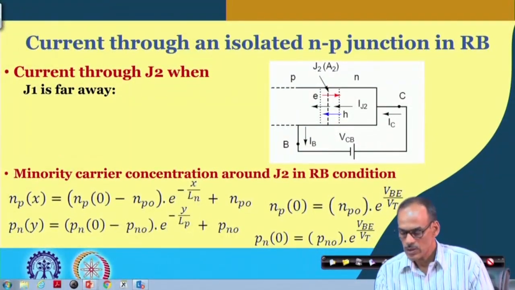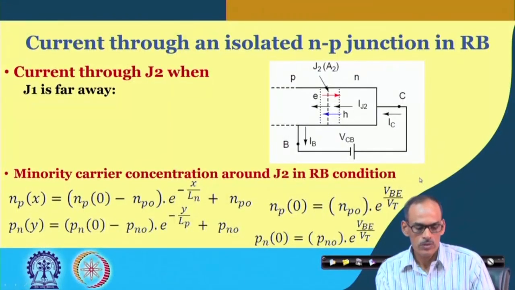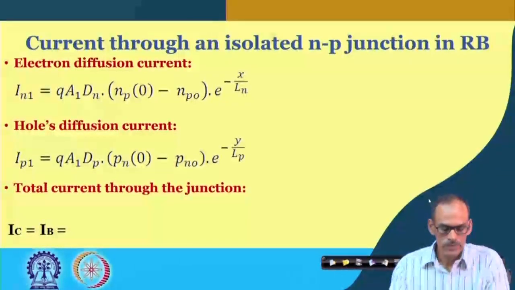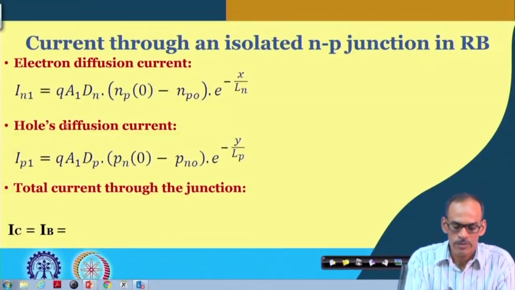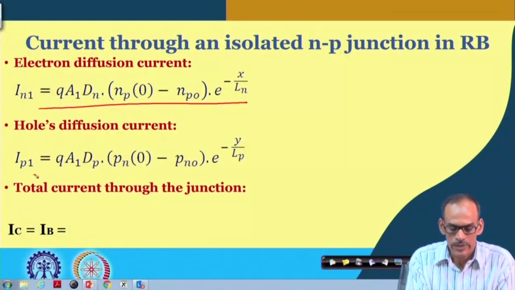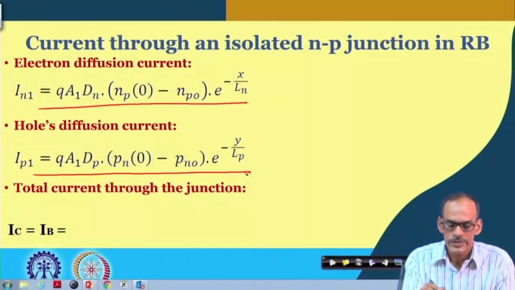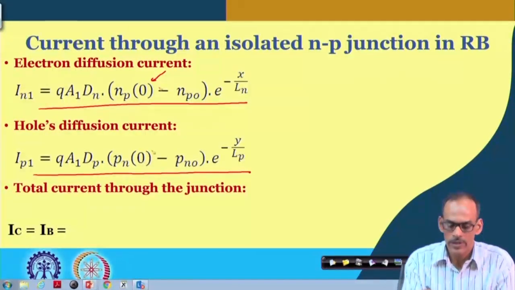Just to conclude the current here, the reverse bias current remains the same as the previous one for both electrons as well as holes, and in fact this part will be very small. So, you may drop this part and this part.